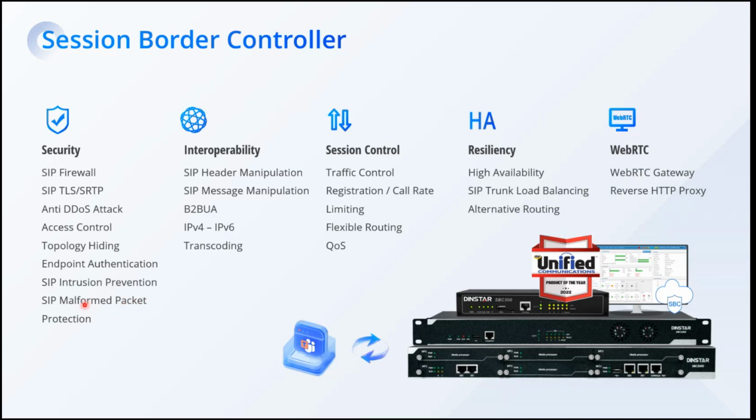So you can go through the SBC to correct or modify the packets, to make sure you integrate with the internal PBX properly. Of course, here we have interoperability. Sometimes you have to manipulate your SIP header or SIP message, some parameters, to let your SIP message go in or out.